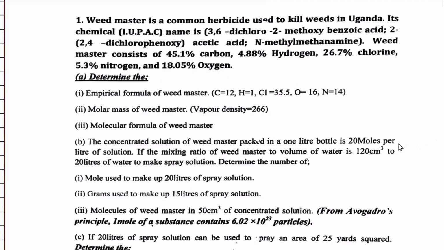What we have to do first is add these up to see whether they equal 100. When I sum them, I get 100.03%, which is approximately 100. So we can now proceed with our question.